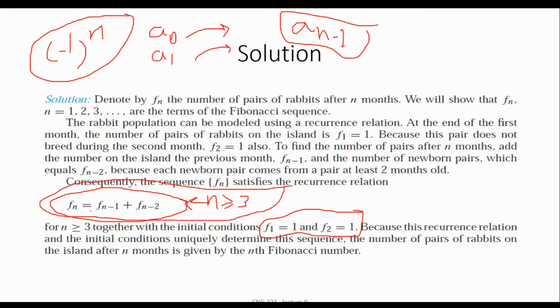Okay, so here I can define each term as the previous one and 2 states before that. And this sequence, we call them Fibonacci. If you consider F1 and F2 as 1, and starting from the 3rd, then you will have such a recursive type of definition for your sequence.